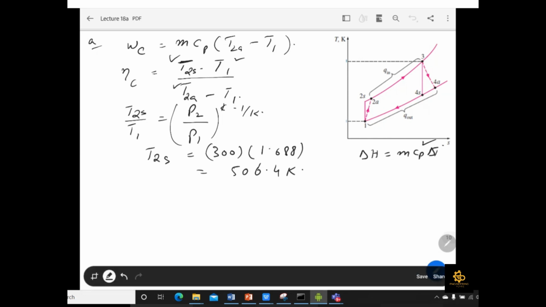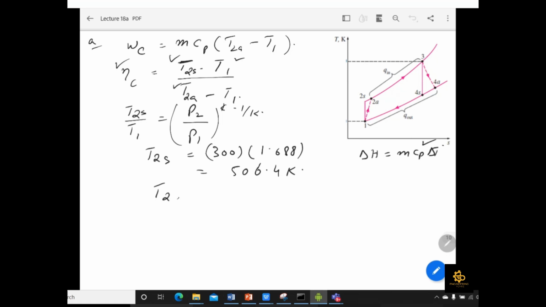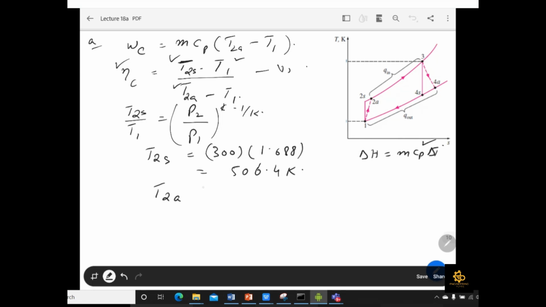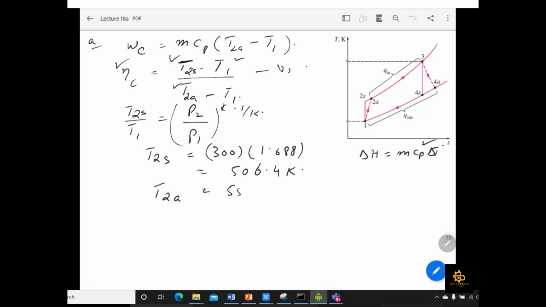Now we have the 2s value, so we can easily solve equation number 1 for the value of 2a. T2a becomes 558 Kelvin. You have to solve this by yourself.